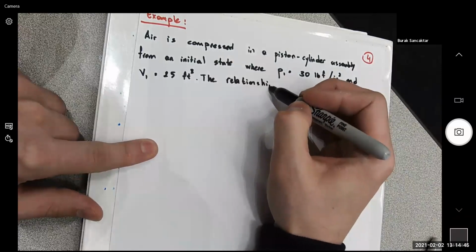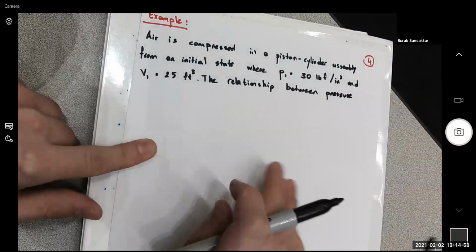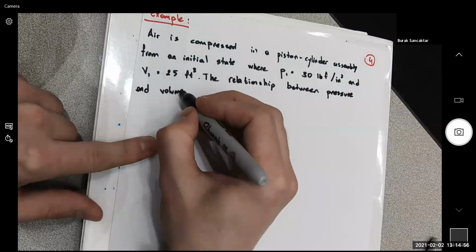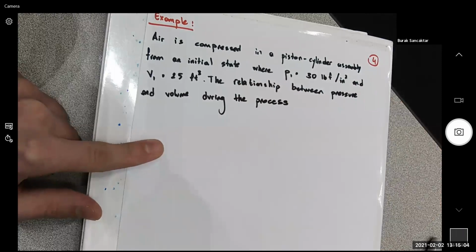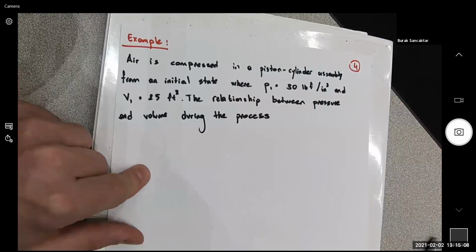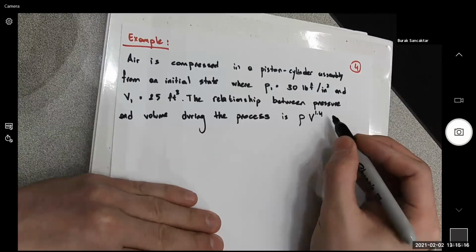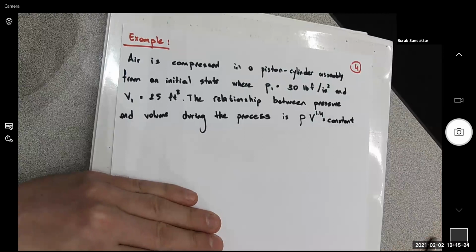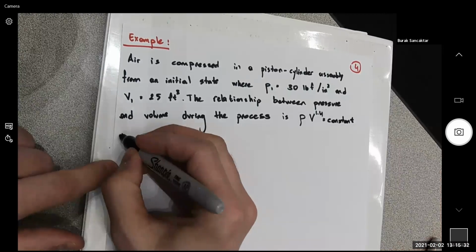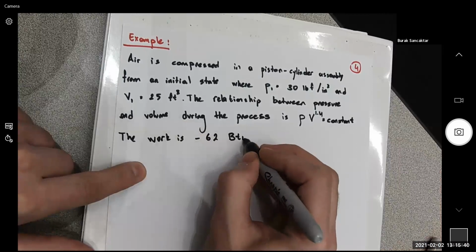The relationship between pressure and volume during the process is pressure times volume to the power of 1.4 equals constant. The work is minus 62 BTU.